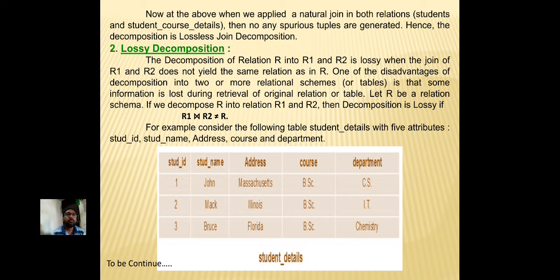Let R be a relation schema. If we decompose R into relations R1 and R2, then the decomposition is lossy if R1 natural join R2 is not equal to R. For example, consider the following table: student detail with 5 attributes: student ID, student name, address, course, and department. So in here the table has student ID, student name, address, course, and department.